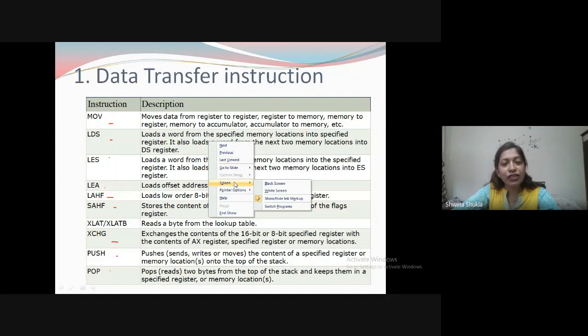We all know that the MOV instruction was there in the 8085 microprocessor also. But remember that in the 8085 microprocessor, we have the MVI instruction, which is used only for immediate data. But in the 8086, we use MOV for immediate data, for register data, or for direct data.